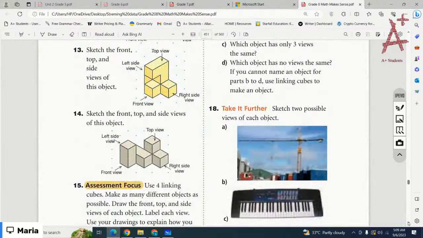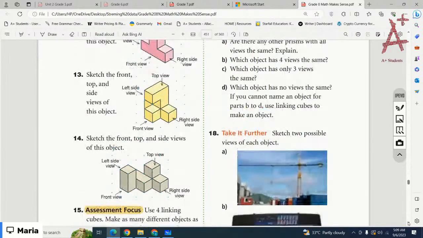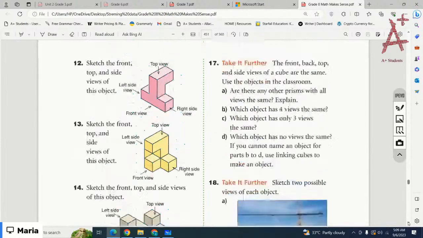Otherwise, I'll move on to the next lesson. Any question, any problem related to the lesson?